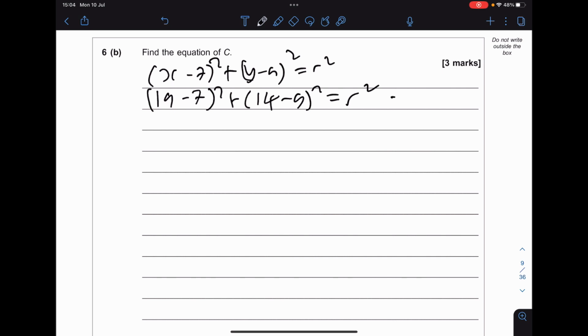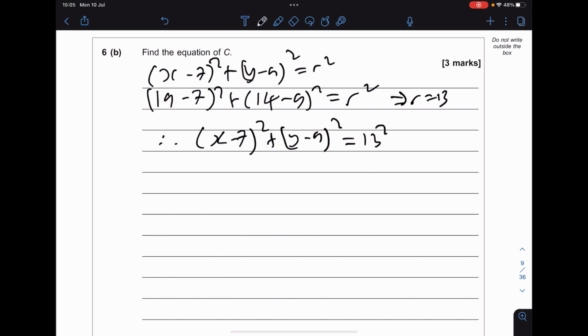That's going to get me what r is, 13. Therefore, we conclude, then, we get (x minus 7) squared plus (y minus 9) squared equals 13 squared.